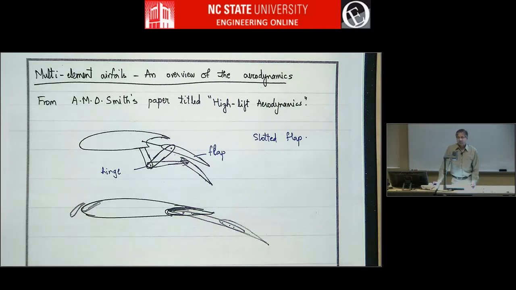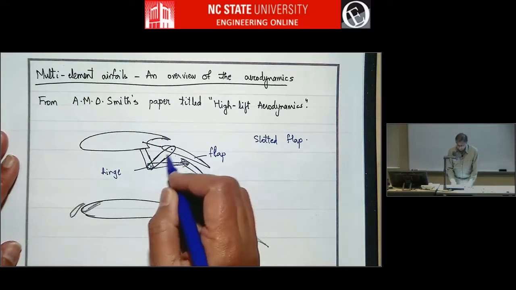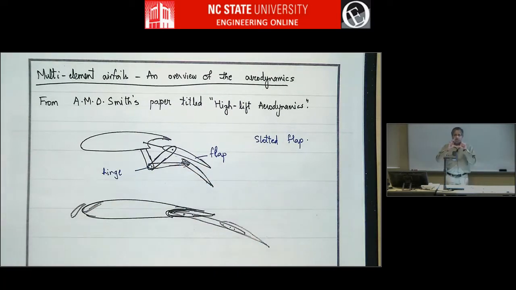Now, some of these flaps are also on tracks. If you have a simple slotted flap on a hinge, the movement is restricted, right? The angle and the extension are all controlled by this. So sometimes to get very good high lift characteristics, you want it to go back and then tilt down.